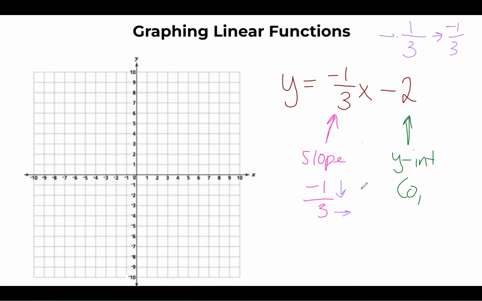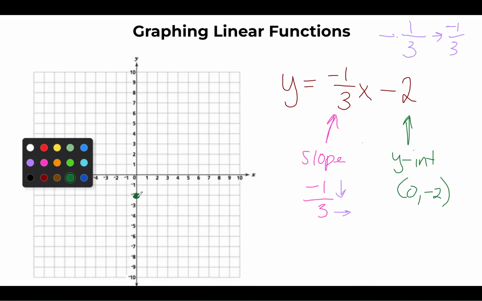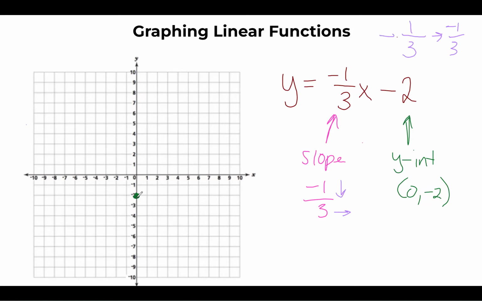As a point, (0, negative 2). We search up and down our y-axis, finding negative 2. It will be below 0. So I'm starting down here this time. And I still follow my directions like steps on a staircase. I need to count down 1. So from that point, I'm going down 1.